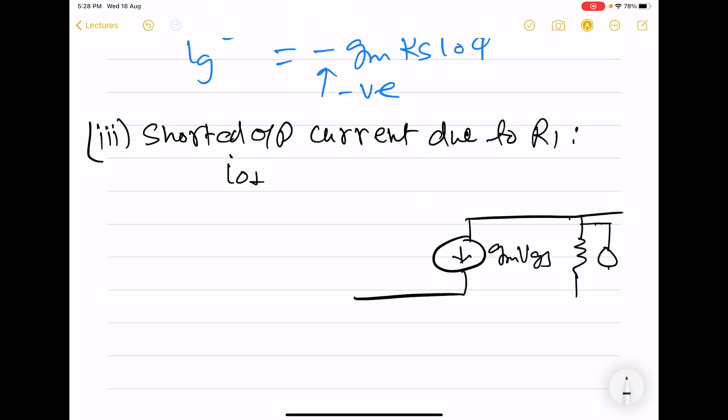So we are going to use the Thevenin model. It will be easier to solve with this.